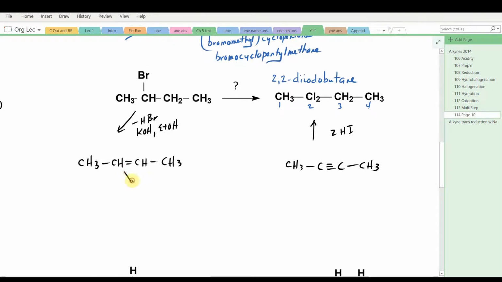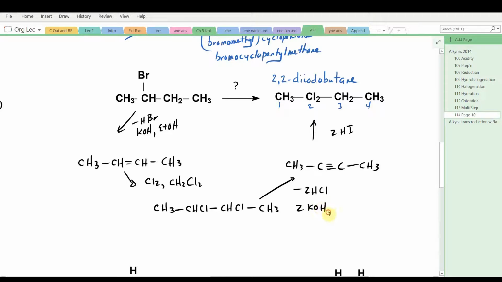We would carry out a halogenation. This time I'll just say chlorine for something different. Chlorine or bromine. And then we carry out a double dehydrohalogenation using 2 moles of KOH at a high temperature, 200 degrees Celsius. So there it is.